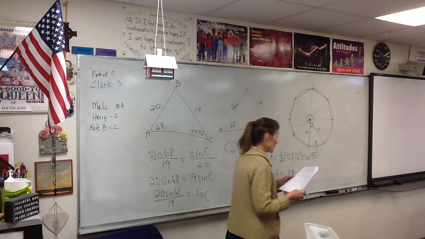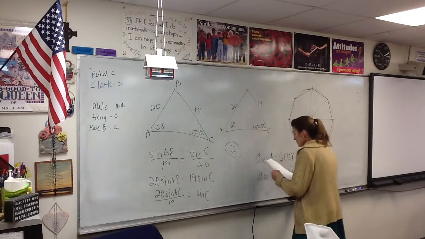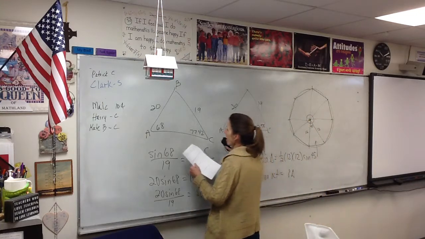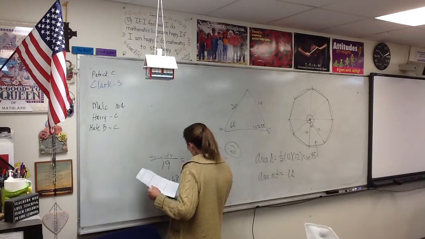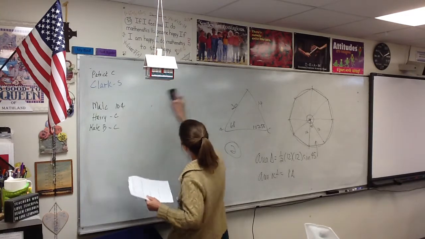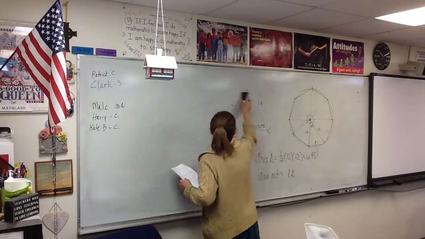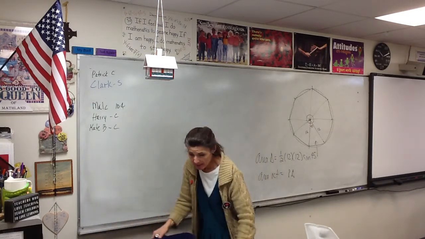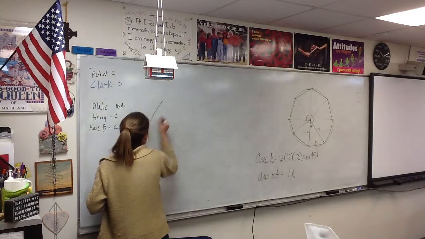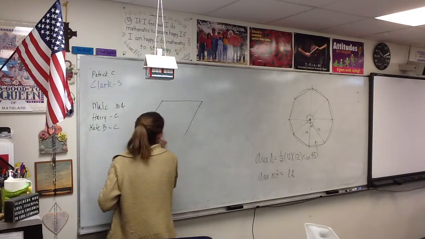Question number 2. Find the length of the shorter diagonal of a rhombus whose side measures 16. Anybody know what a rhombus is? It has 4 sides that are equal. It's a parallelogram with 4 sides that are equal. So here's your rhombus.